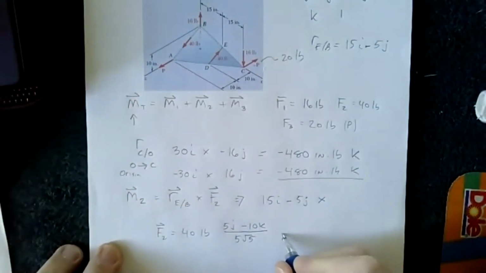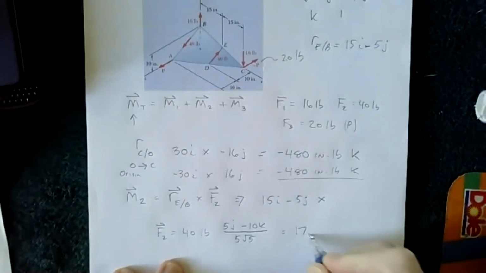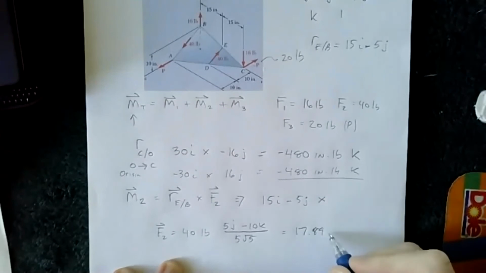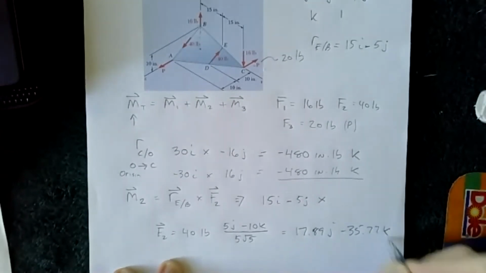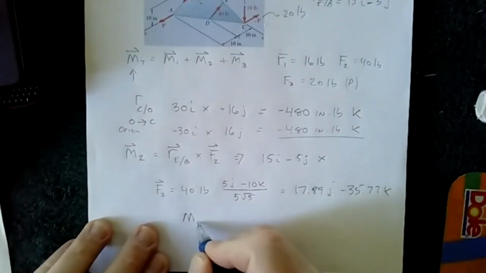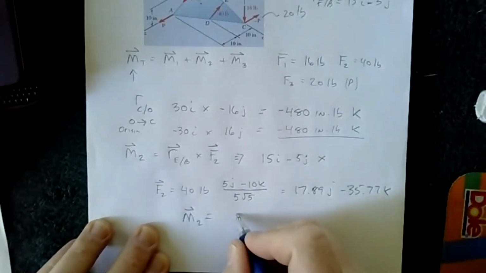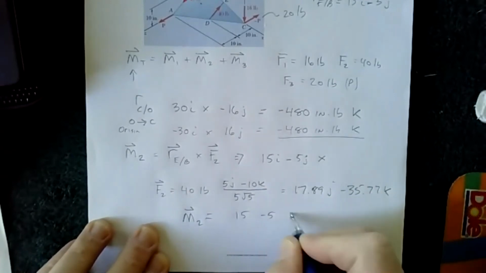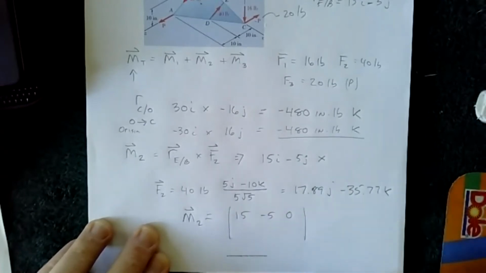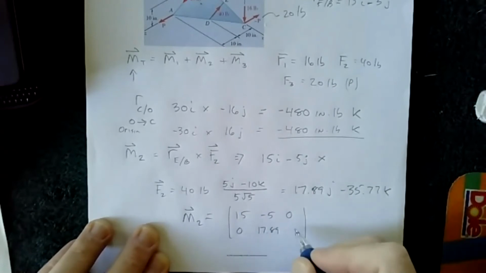So we multiply through, and we get 17.89 J minus 35.77 K. Now we set it up. M2 is going to be equal to (15, negative 5, 0) crossed with (0, 17.89, negative 35.77).